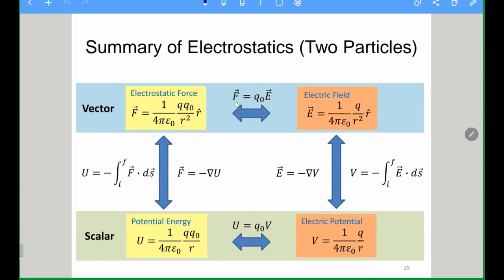So F equals Q0E. So here, R squared, R squared. The only difference is this Q0. We have Q0 here. We don't have Q0 here. So we multiply Q0 to here, and then it becomes the force. And then here, the electric potential and the E field have some relationship, as we have learned in this chapter.